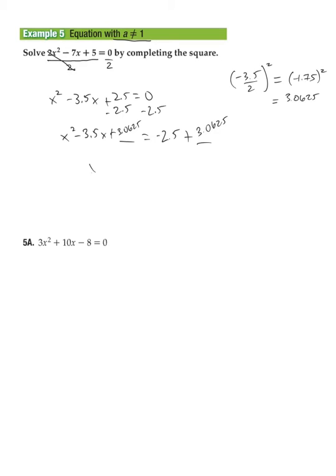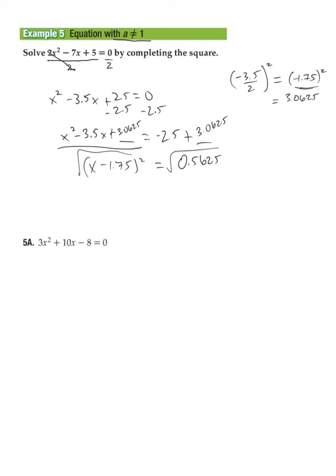That is going to give you x minus 1.75 squared. That's what the left side is going to factor to, and that 1.75 comes from your b term divided by 2. Equals, I think this is 0.5625.